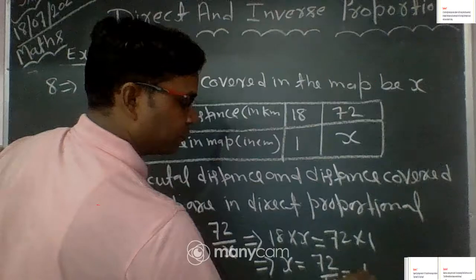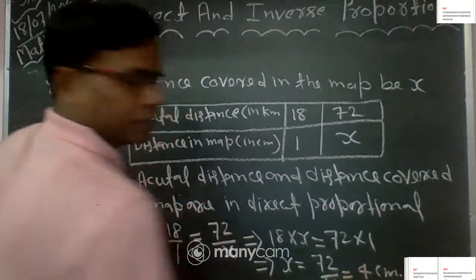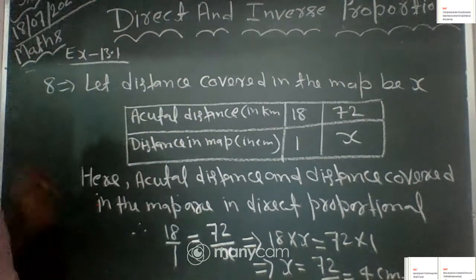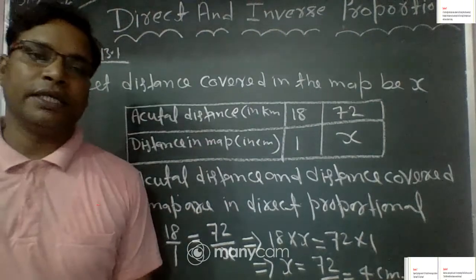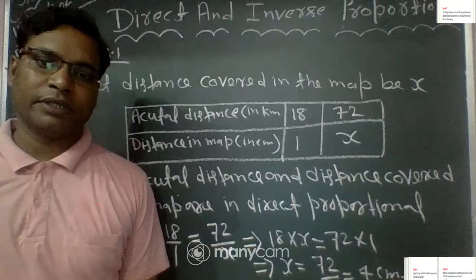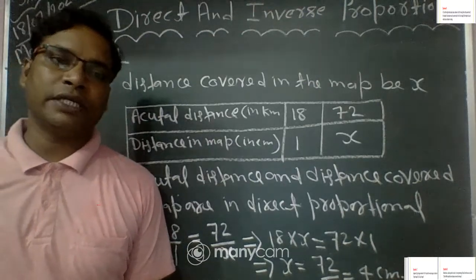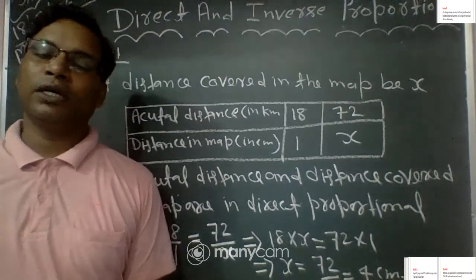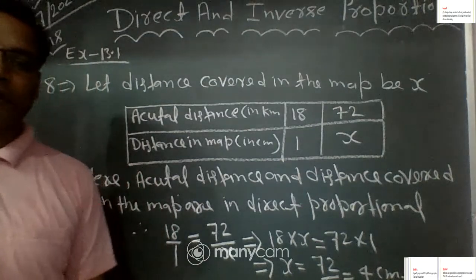This is equal to 4 centimeter. So we can say the distance covered in map is 4 centimeters when the actual distance is 72 kilometers. Okay.